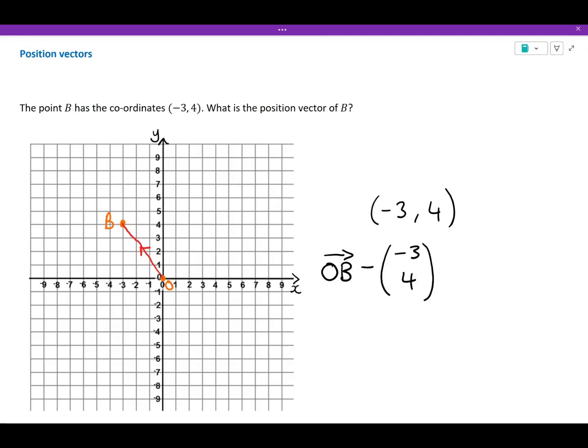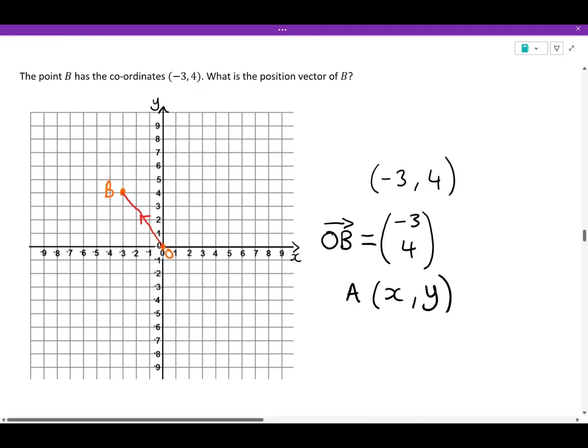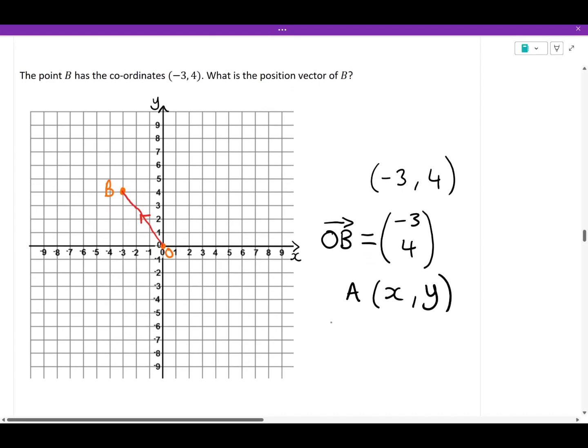So let's say we had a point A, which had the coordinates x, y. Then the position vector of A would be from the origin to A, and that would be equal to the x-coordinate as the horizontal component, and the y-coordinate as my vertical component.